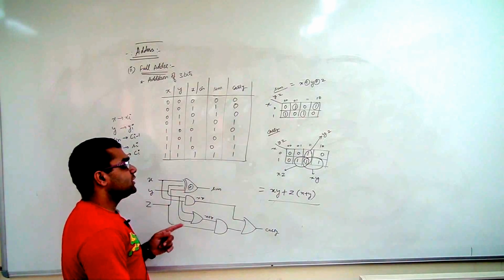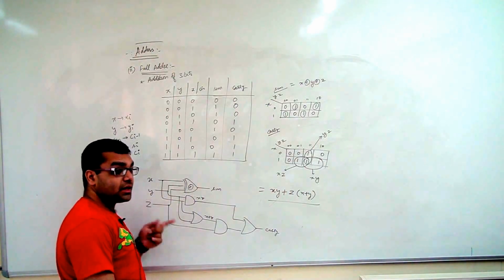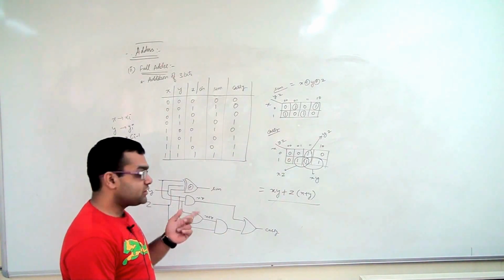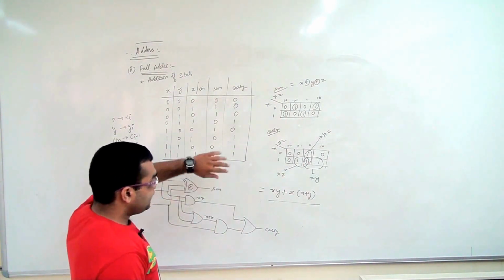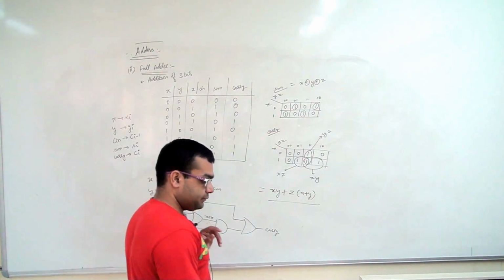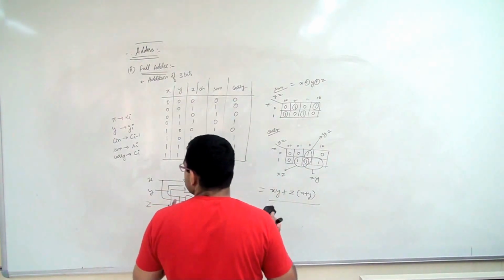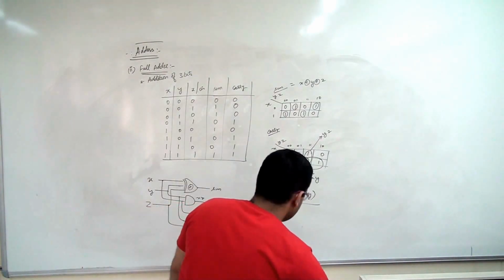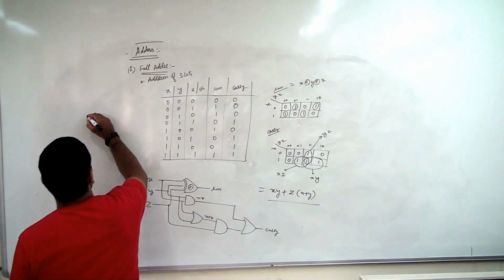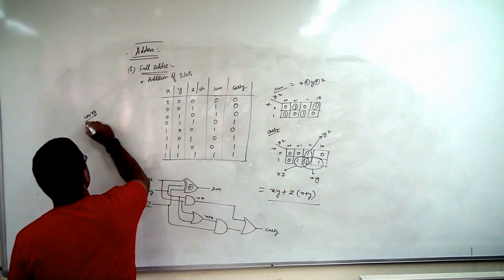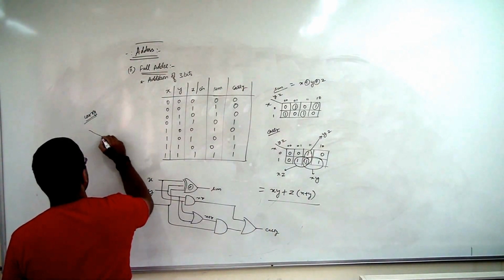Now another most important thing is we can also implement our full adder using the half adder. We'll see how. For that we'll have to do certain modifications in the carry part. How do we do that? Okay, I'll make it over here. Now carry, this time I'll form the pairs slightly differently.